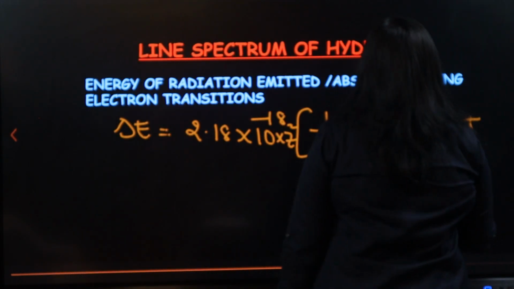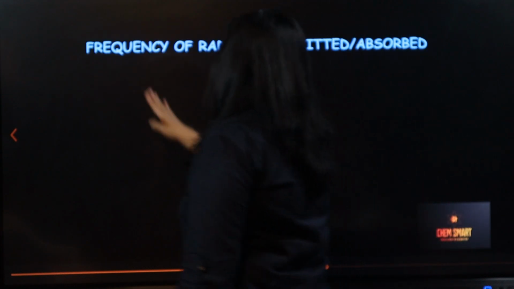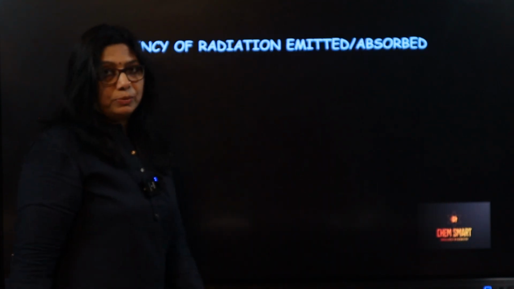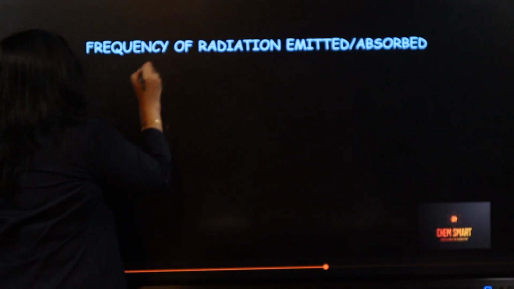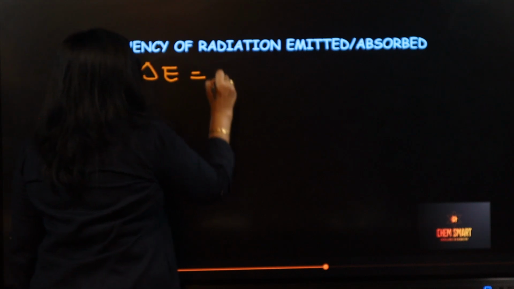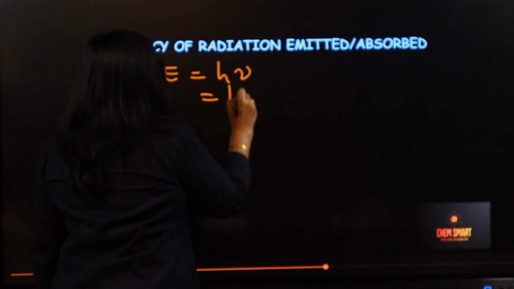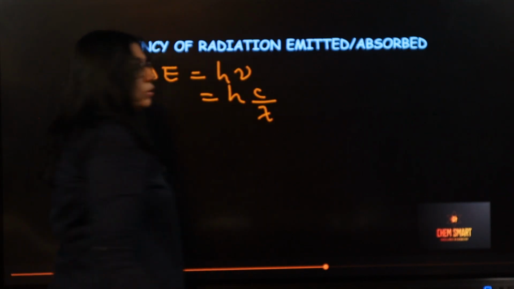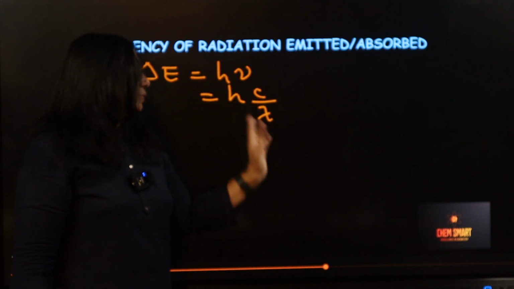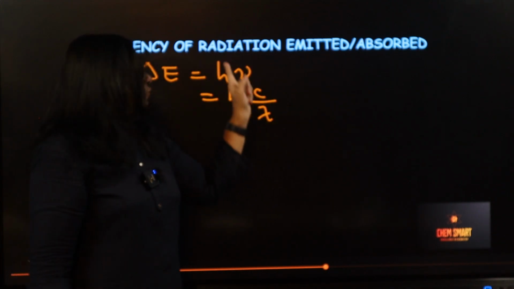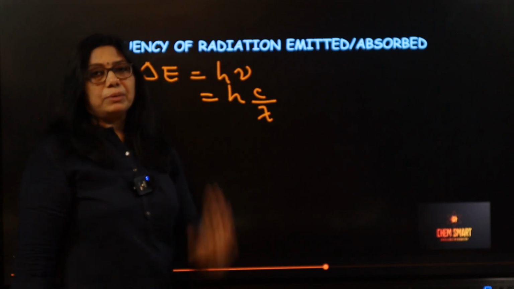Now, the next one is the frequency of the radiation emitted or absorbed. You know how energy and frequency are related. You know delta E is equal to h nu, and you know nu is C by lambda. So if you substitute, delta E is equal to h into C by lambda or h into nu, so you can calculate nu as delta E by h.